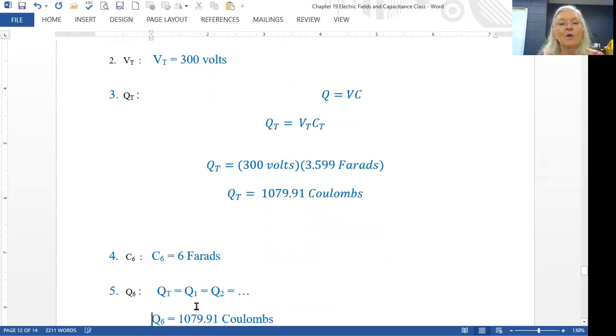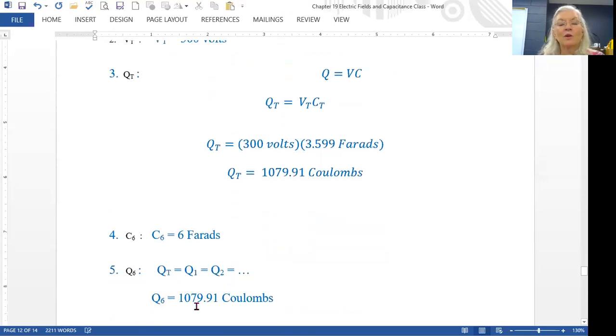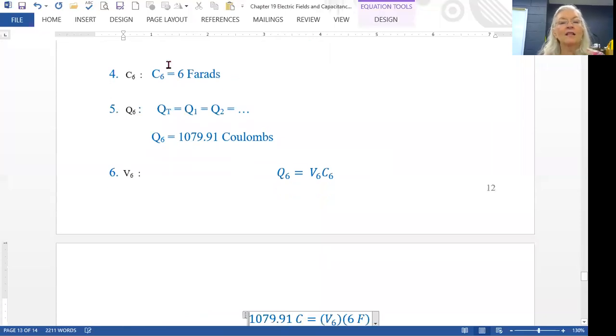Let's look at what we can figure out for the individual capacitors in that series. We know that the 6 farad capacitor has a value of 6 farads. We know that the charges are all equal, so the total charge will equal the charge of any one of the individual capacitors. So if our total was 1,079.91, then the charge on the 6 farad capacitor will be 1,079.91 coulombs.